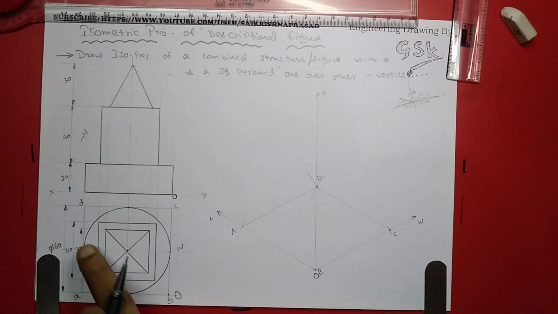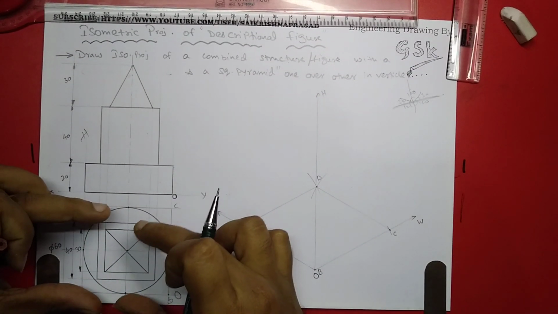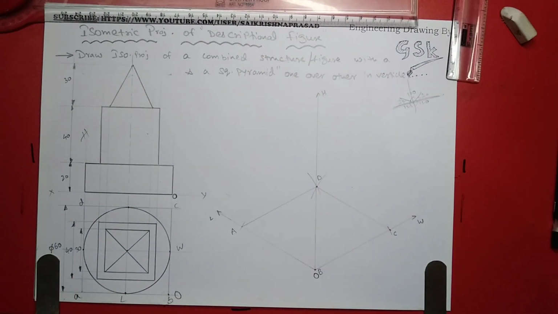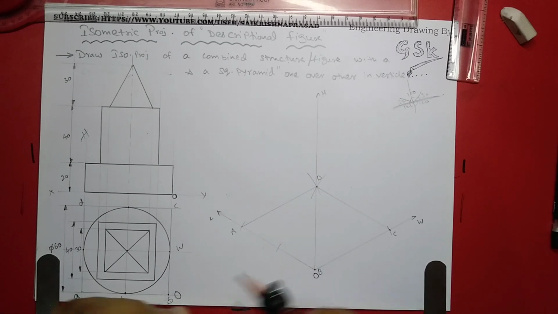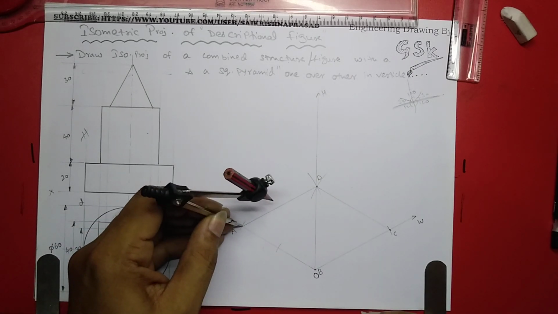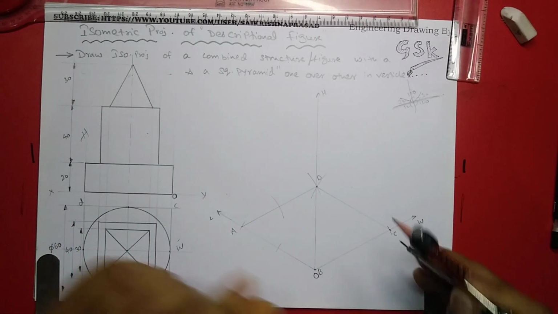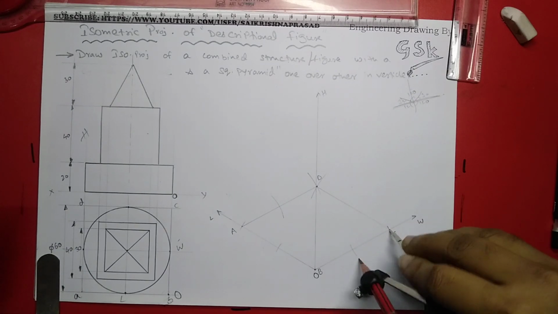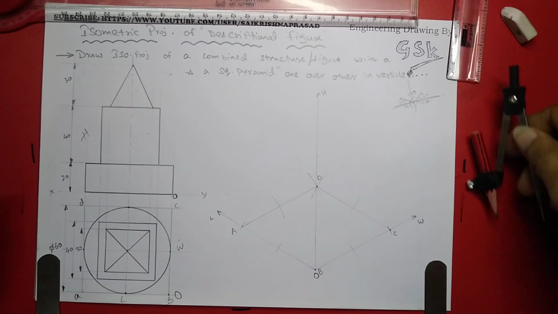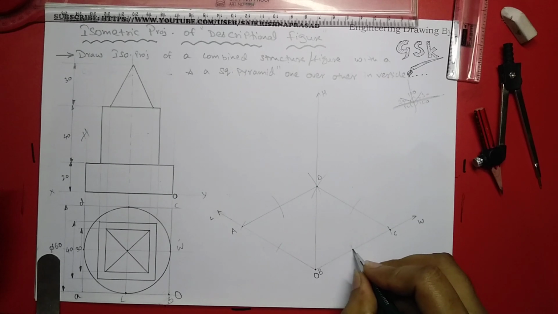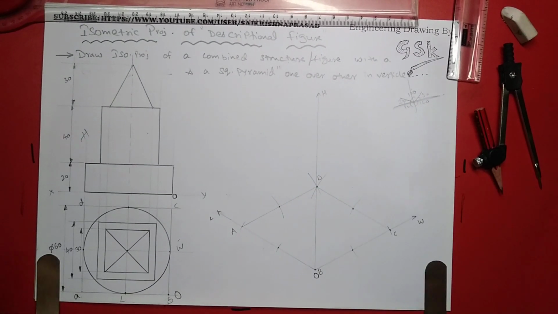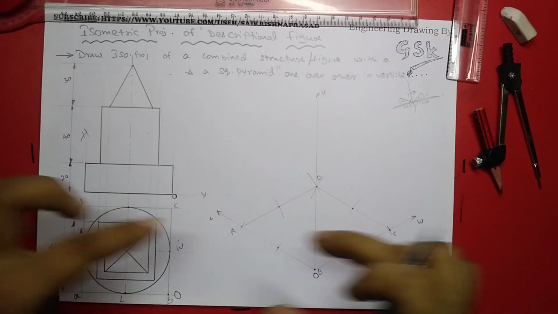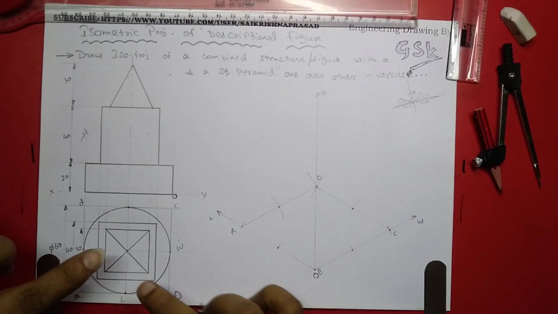So we can construct the circle here, right? So we have these intersections. So for constructing any of the objects here, we have a box, right?